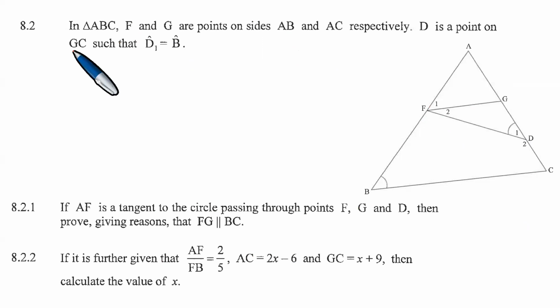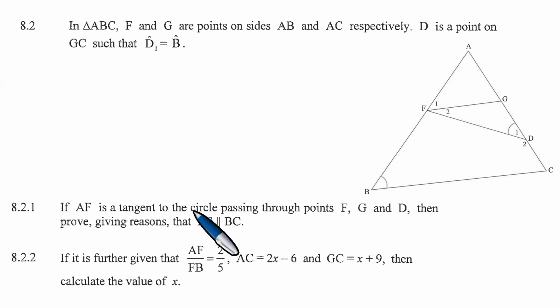D is a point on GC such that angle D1 is equal to angle B. If AF is a tangent to the circle passing through points F, G, and D, then prove, giving reasons, that FG is parallel to BC.